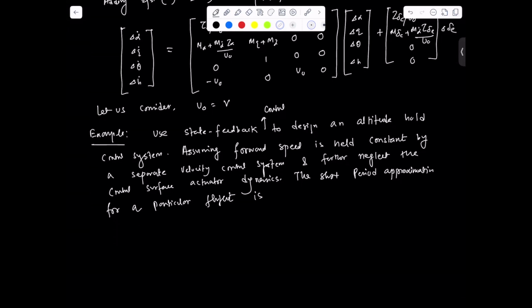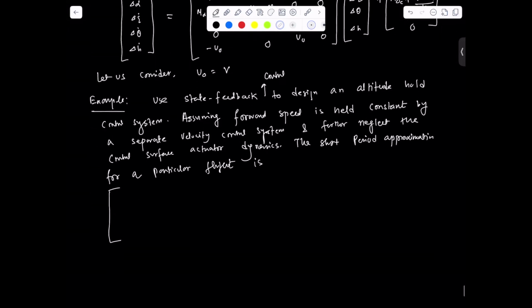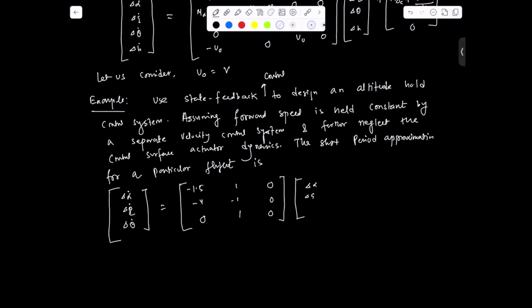is, this is for a particular flight, the state space model to be del alpha dot, del q dot, and del theta dot equal to the system matrix 1.5, 1, 0, minus 4, minus 1, 0, 0, 1, 0, and state vector del alpha, del q, and del theta.